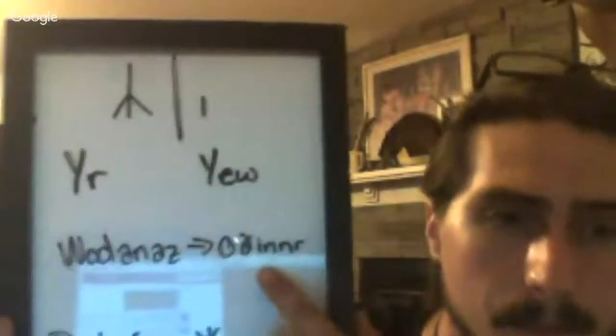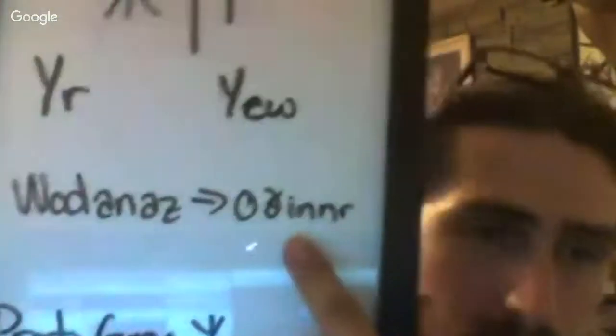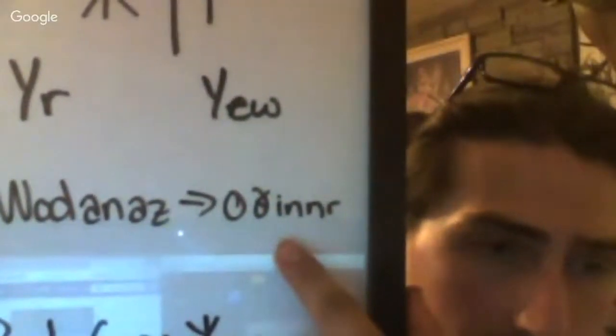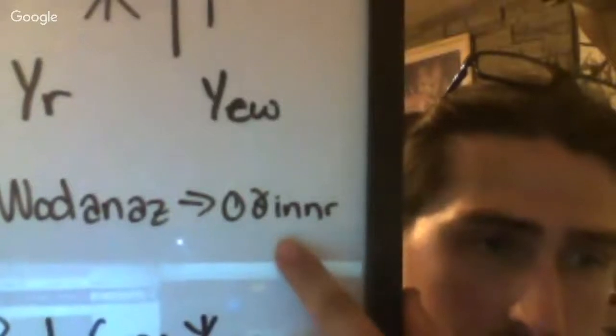So now there's a lot of changes in this particular word. Get that a little bit closer so you can see it. So Wodenaz becomes Oldenar in the nominative case.